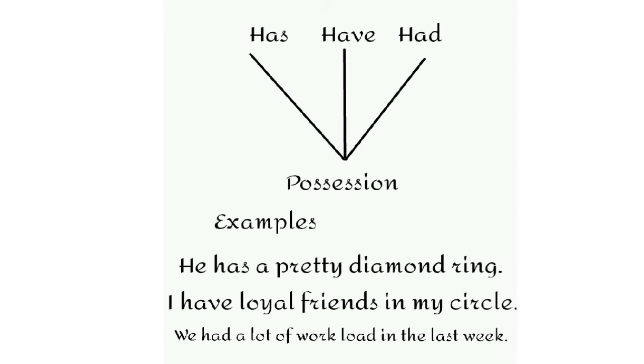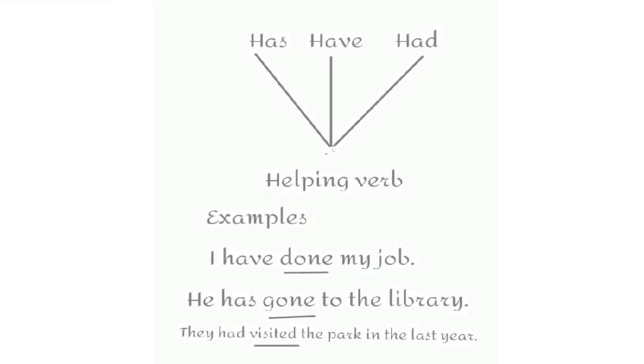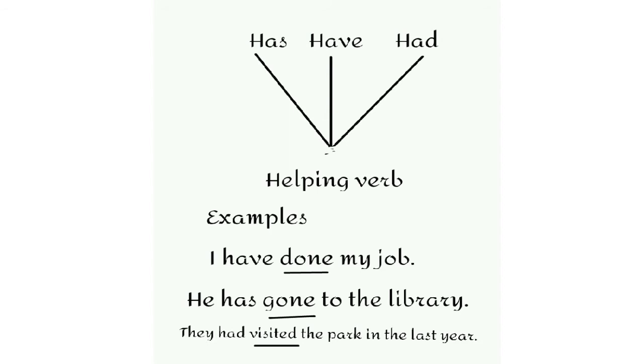There is another use. Has, have, had can also be used as a helping verb. For example, I have done my job. Here you can see the main verb is done and have is just used as a helping verb of the main verb.